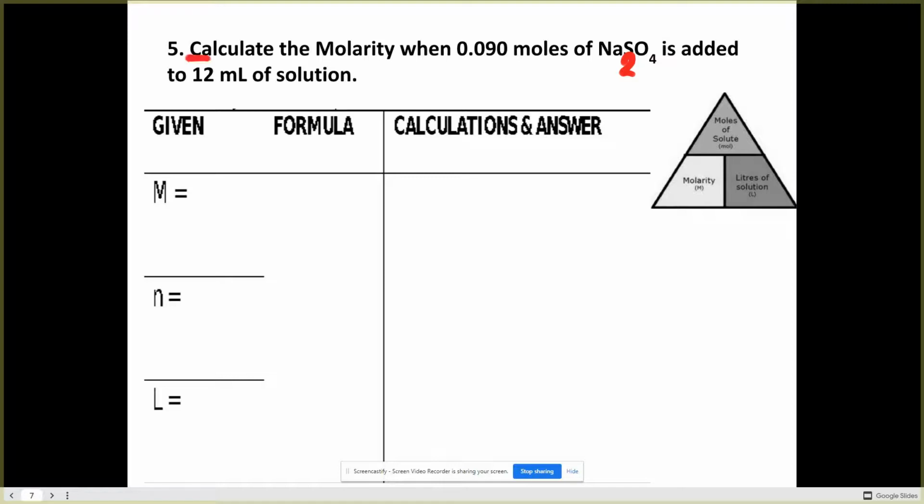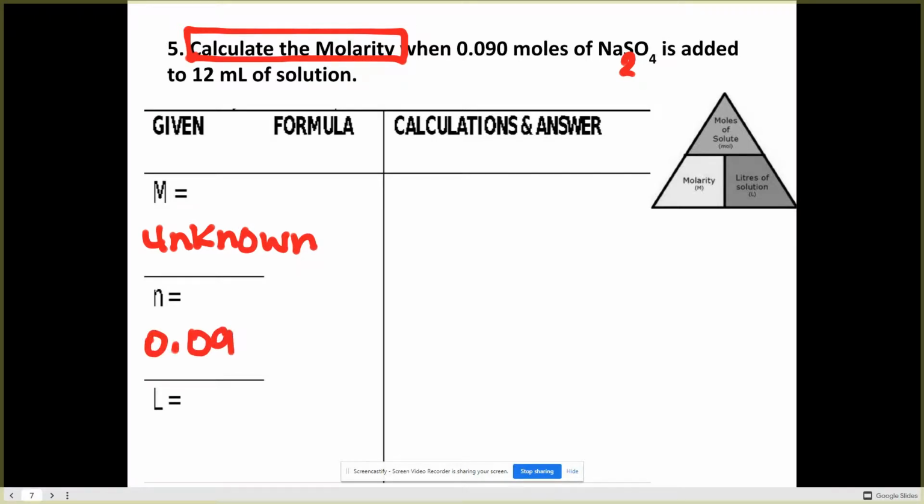It says calculate the molarity. Therefore, you should know that M is your unknown, of a 0.09 moles of Na2SO4 added to 12 milliliters of solution.